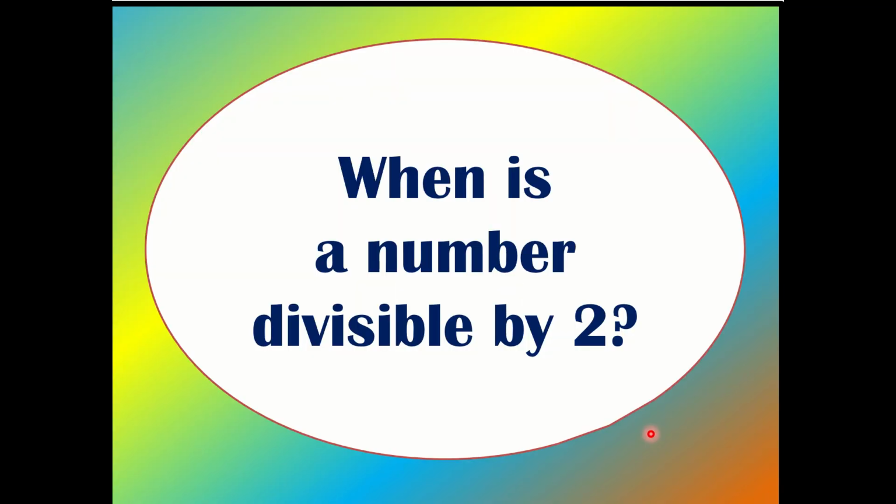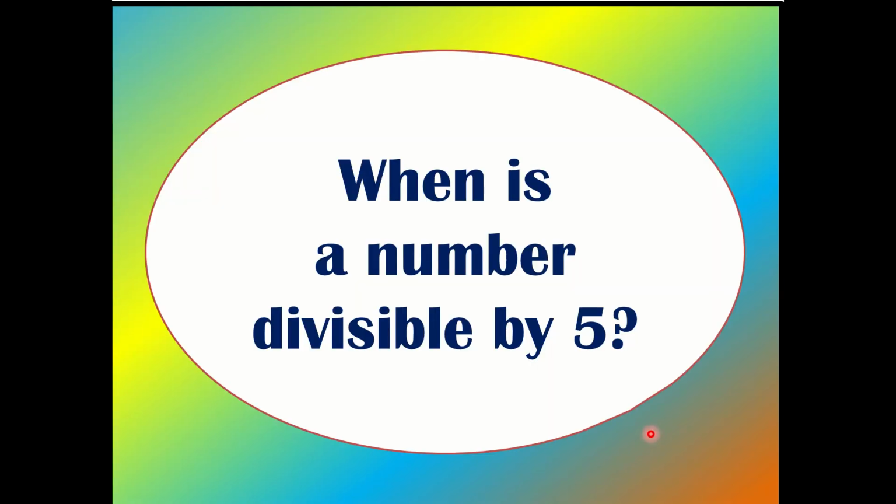Okay, for this one, may I ask first, when is a number divisible by 2? A number is divisible by 2 when the ones digit ends in 0, or it is an even number, which is 2, 4, 6, 8. Again, when is a number divisible by 5?